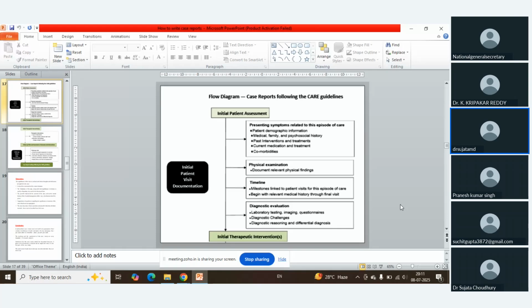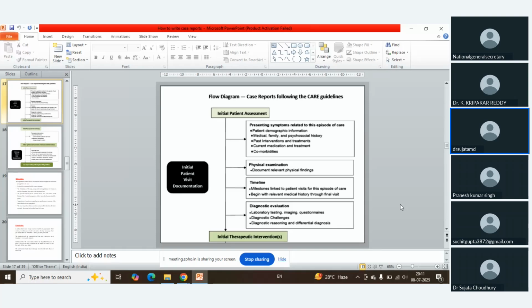First, initial patient assessment: the presenting complaint, patient history, medical history, past history, any comorbidities or chronic illness he is suffering from, physical examination, timeline of the treatment, diagnostic evaluations, and laboratory investigations. All these are described in the initial patient assessment.